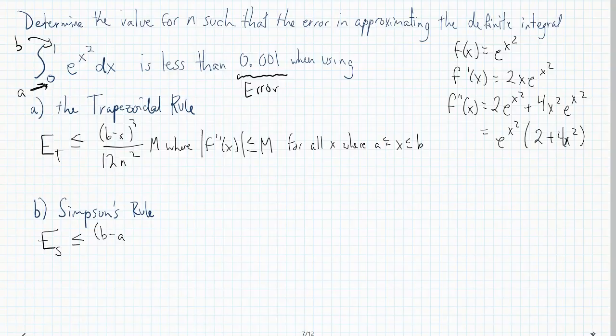The error bound is going to be (b minus a) to the 5th over 180n to the 4th times M, where the 4th derivative of x is less than or equal to M for all x in that interval.